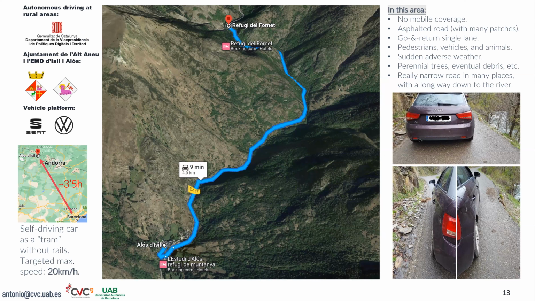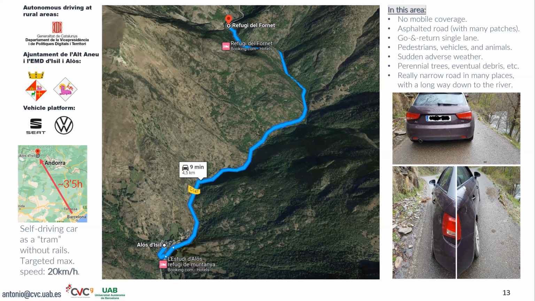It's an area where there is no mobile coverage. The road is asphalt, but with many patches. There is one single lane to go and return, so not 2 lanes, just one. If you cross with another car, you have to do tricky things to continue. And there are pedestrians, vehicles, animals.